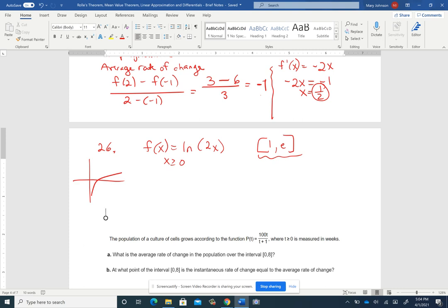What the mean value theorem says is if we did the average rate of change of f from 1 to e, then we could find just one spot where the instantaneous rate of change equaled that. So what you're going to do is work on your average rate of change.